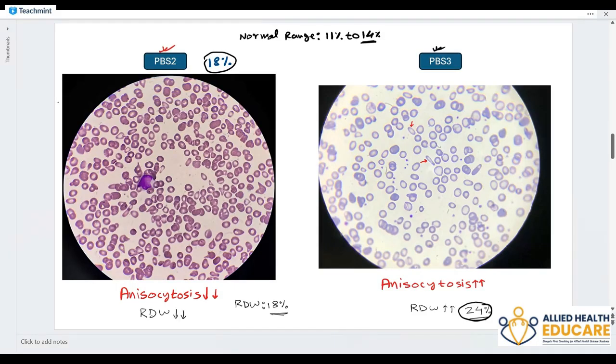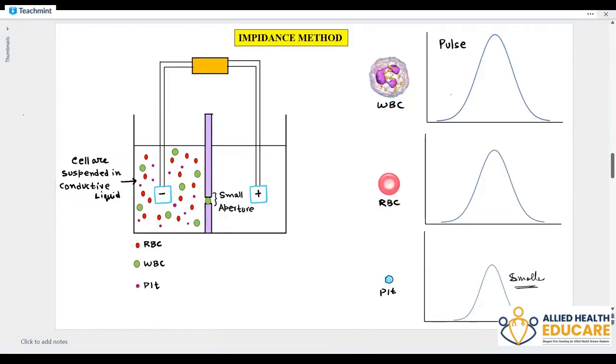We deal with the cell counter every day. So first of all, we must know how a cell counter works. Then we go to our exact topic, what is RDW.